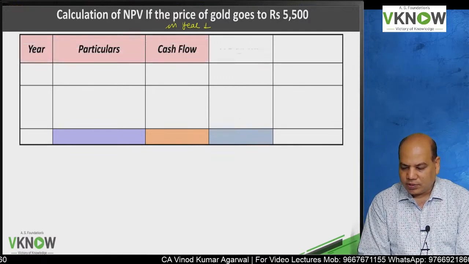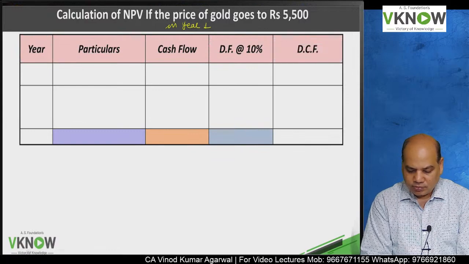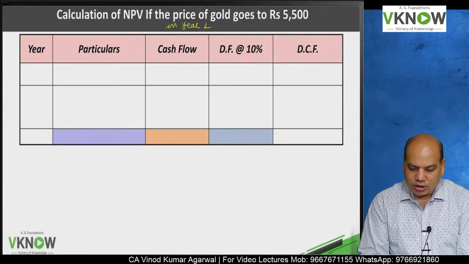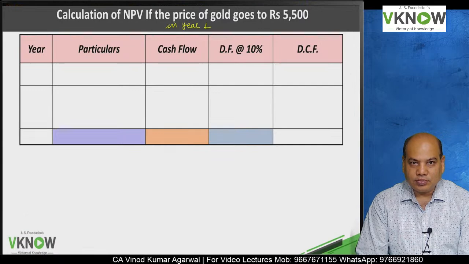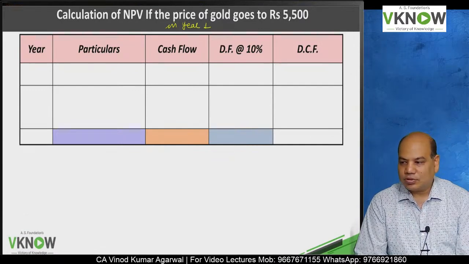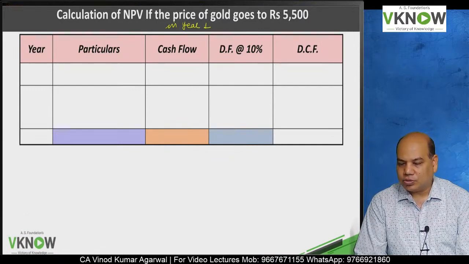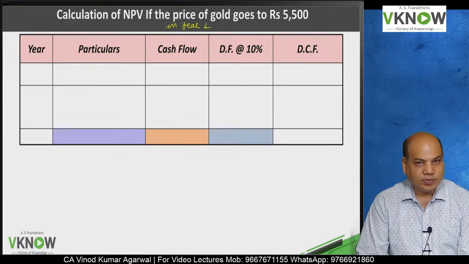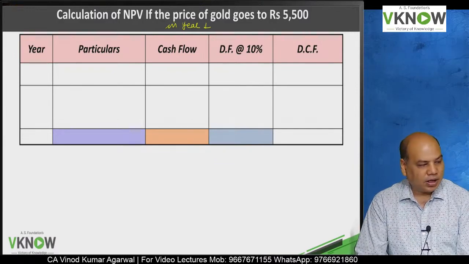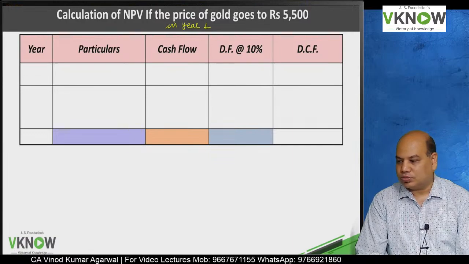Now draw the table for NPV. First column write down year, second column particulars, third column cash flow, then discounting factor at 10% and discounted cash flow.